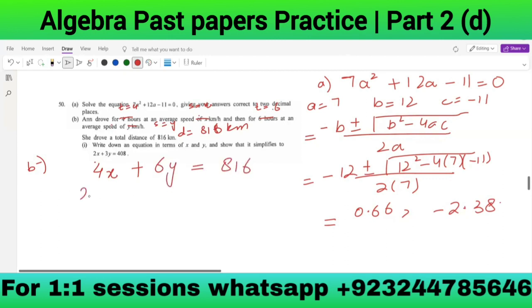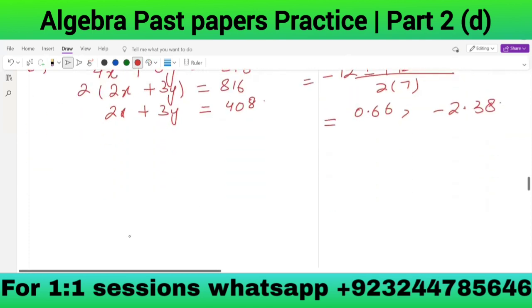If we take 2 common, we will get 2 times 2 is 4x plus 2 times 3 is 6y is equal to 816. Let's divide by 2 on the other side: 2 4s are 8, 2 0, and 2 8s are 16. So you will get 408. 2x plus 3y is equal to 408, which is the required equation.